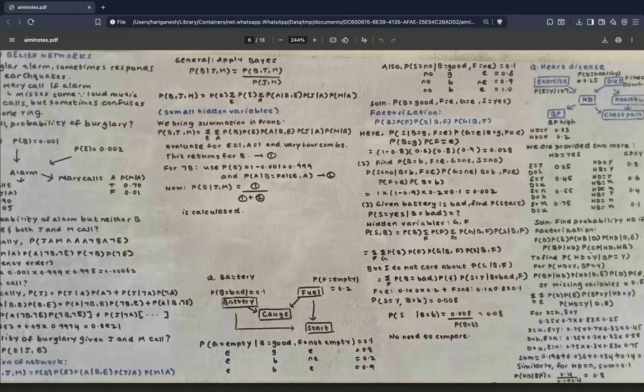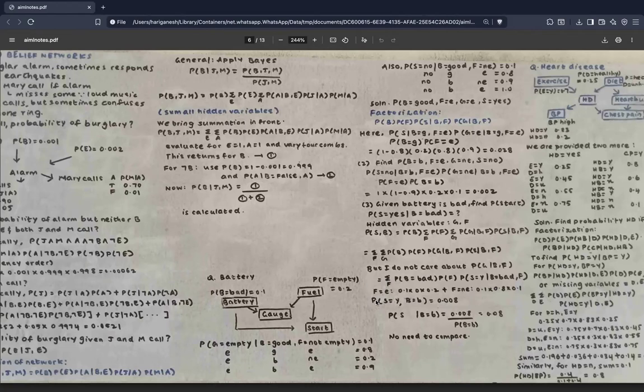So we'll notice that we have two values plugged in, but obviously we haven't been given F. So what we do is we compute this expression for when F is empty and for F is non-empty. And you sum both of them, that gives you 0.008. So what you'll notice is this is the computation of the probability of S is yes and battery is bad, in conjunction.